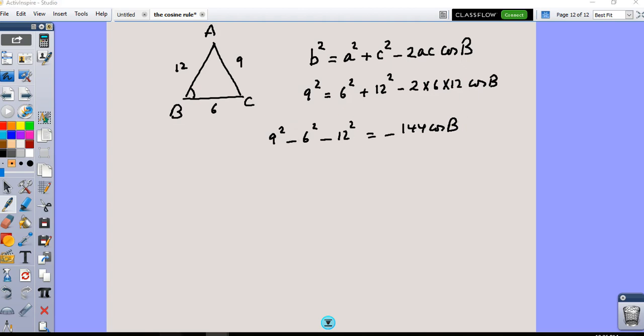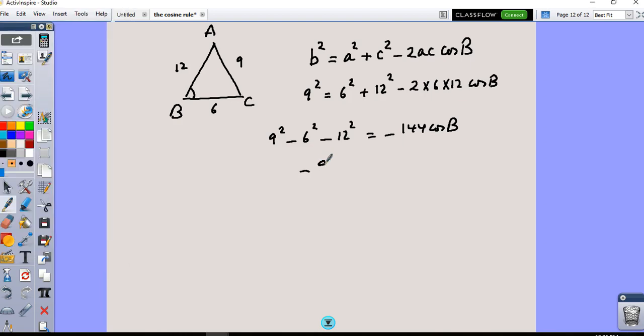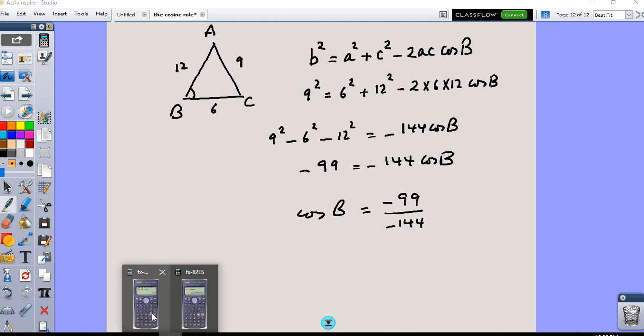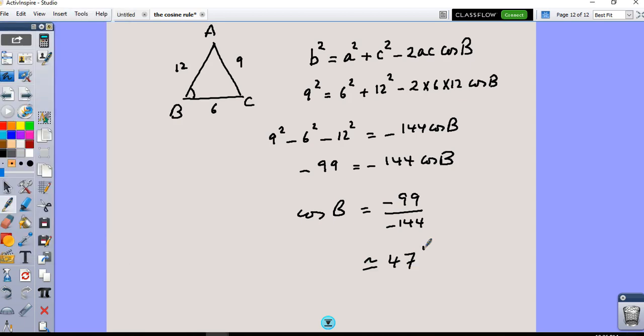Let's work those out. 9 squared minus 6 squared minus 12 squared equals negative 99, which equals negative 144 cosine B. So cosine B equals negative 99 over negative 144, and this allows us to evaluate the angle B as 46.6, say approximately 47 degrees.